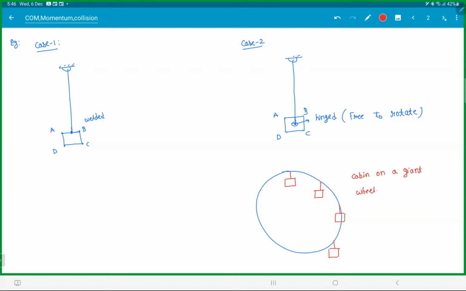Okay, someone says first is translation, second is rotation. Okay. First is translation, second is rotation. Let's see.